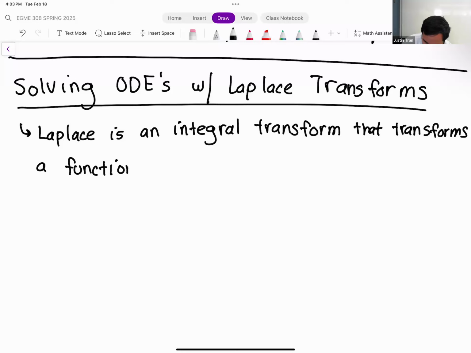In particular, we transform a function from what we call the physical domain, which are functions of x or functions of t, into what we call the Laplace domain, which is a function of s.